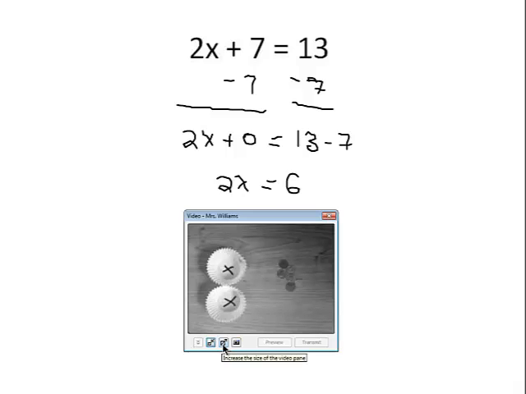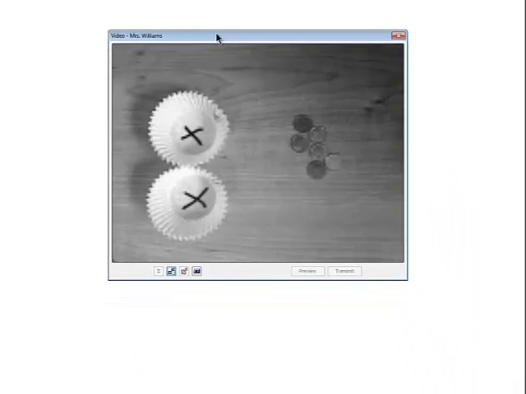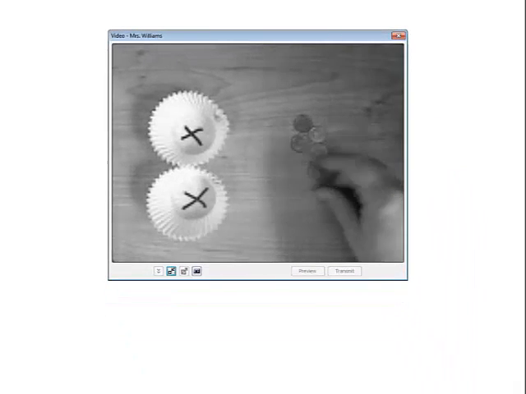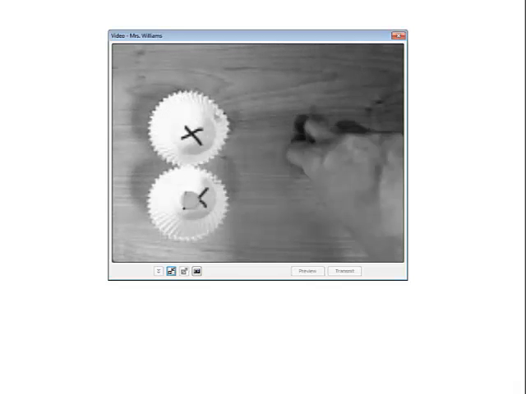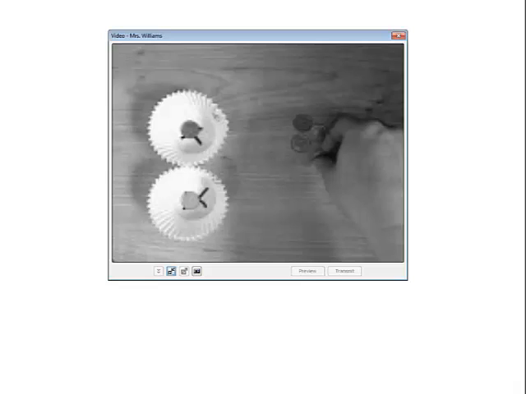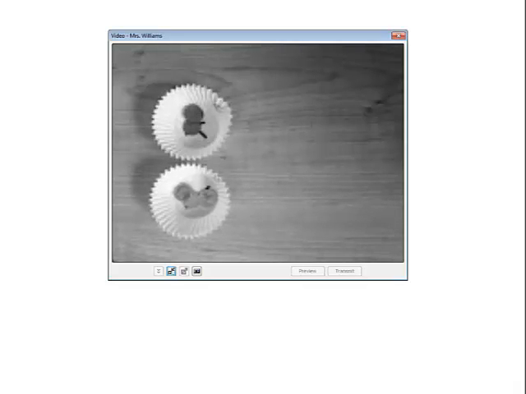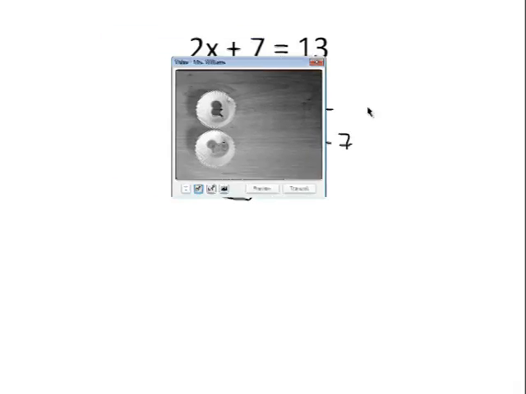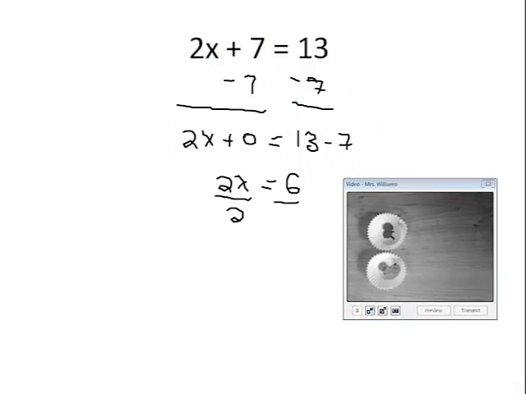Okay, in the second step, we know we have to take those 6 pennies and divide them evenly into our x boxes. So really, we're taking these pennies and dividing them into 2 x boxes. What we're really doing here is dividing both sides of the equal sign by 2. So on our whiteboard we have 2x divided by 2 is equal to 6 divided by 2, and we know 2 divided by 2 is 1.